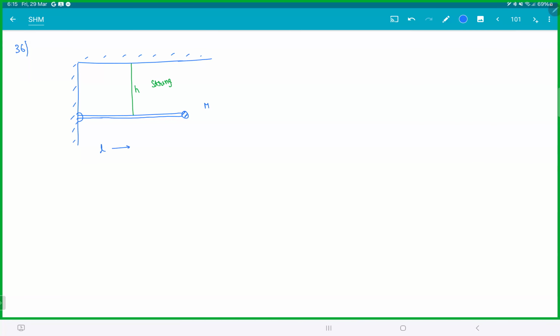This is length L, this is length L. So this is a massless rod with mass M attached at the end, and the other end is hinged.